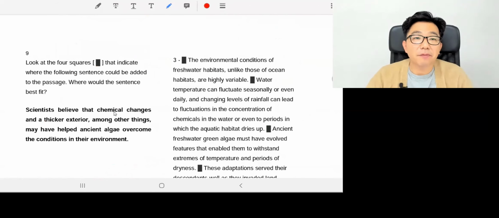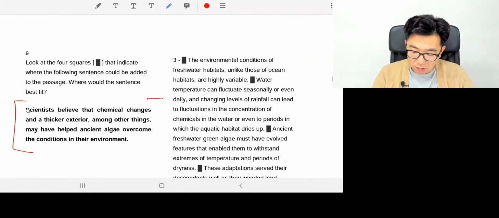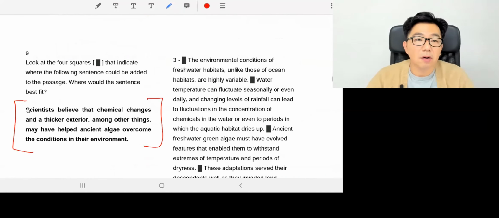So we go back to paragraph 3. Okay, let's read the sentence and see logically where it should fit. Scientists believe that, so it's some kind of statement, not a detail. Chemical changes and thicker exterior.